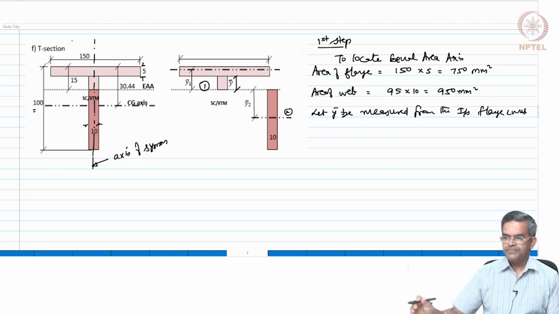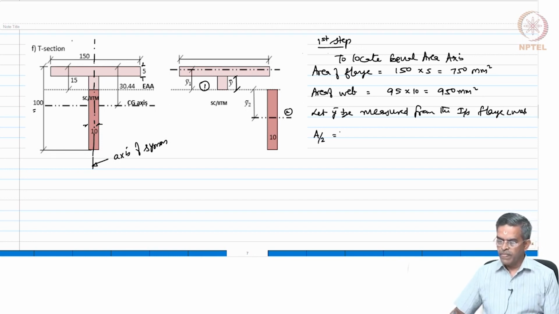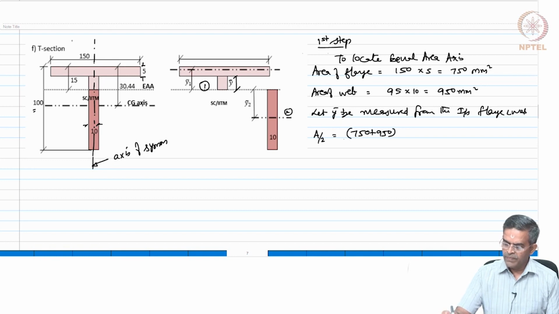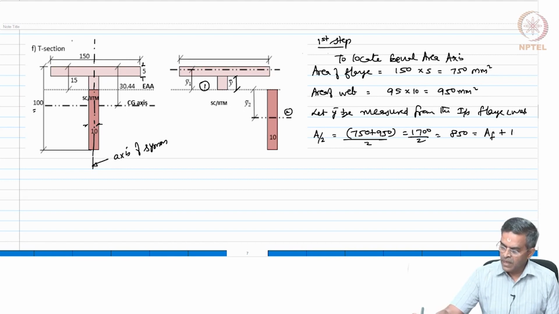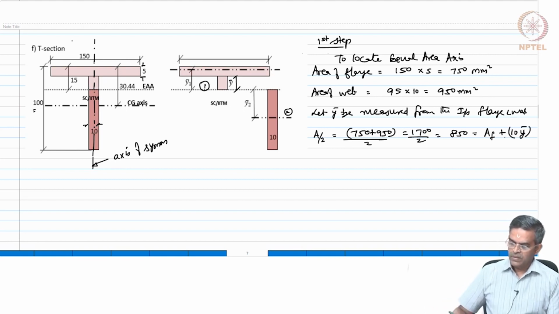So, I can now say A by 2, which will be the total area, which is 750 plus 950 by 2, which is 1700 by 2, which is 850, and that should be equal to area of the flange plus 10 times y bar. Am I right? Look at this figure.